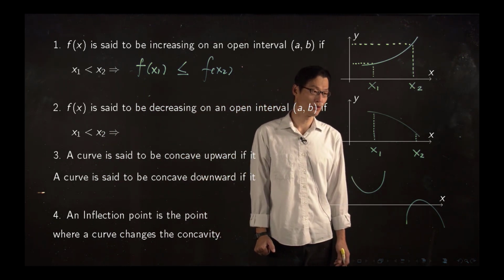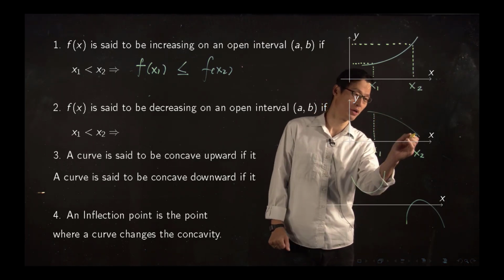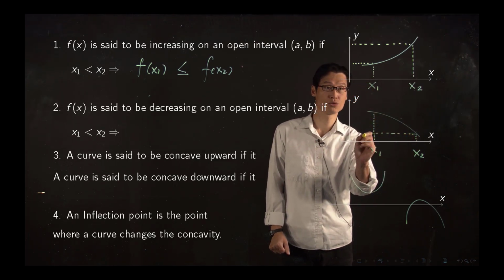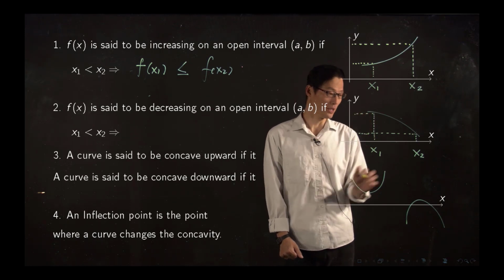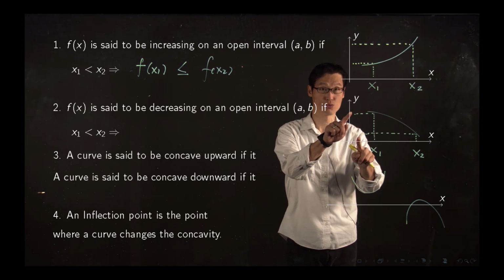Conversely, whenever your function has a graph like that, then you can compare two function values. Even when x2 is larger, the function value is smaller than f of x1.